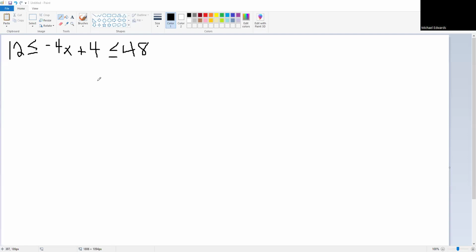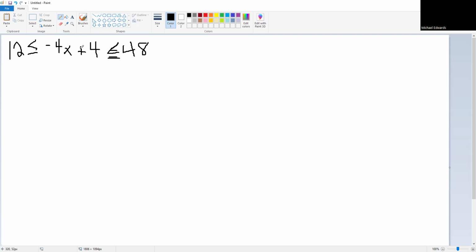Okay, so the first step is to simplify each side of the inequality separately. Well, looks like it's been done. We can't really simplify each side. And notice we have multiple less than or equal to's. All right, so now we need to isolate the variable. What you do to one side, you must do to all sides.